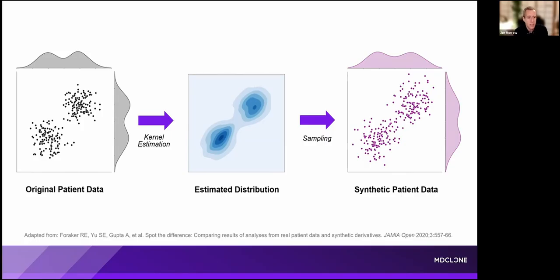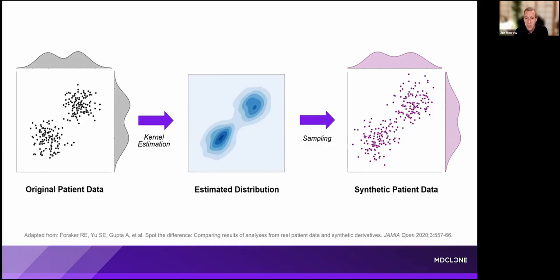of an original patient data set, both as a scatter plot and as a distribution graph. And the first step of MDClone ADAMS' generation of synthetic data is to do what's called a kernel estimation. You draw an estimated distribution, or a heat map, if you will, of the data. And you do this in every dimension. We're showing it here for simplicity in 2 dimensions.